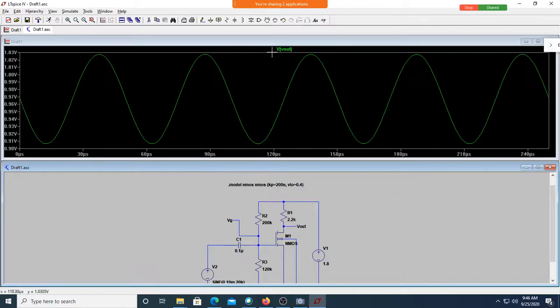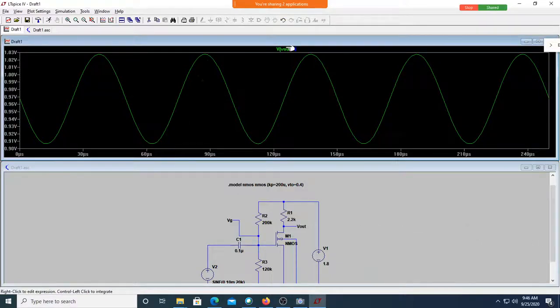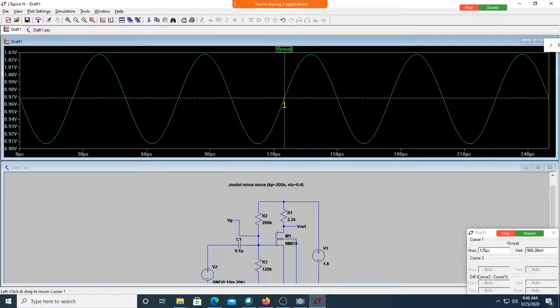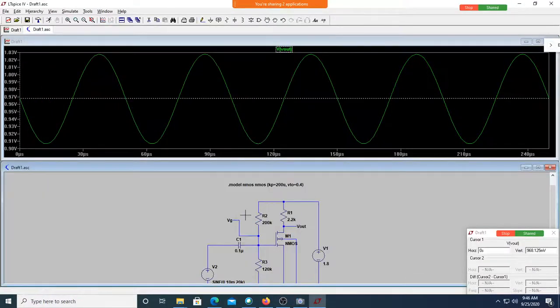Suppose I go to this beginning, can you see it is 0.968 volt? Is it 968 millivolt as per your calculation? It is correct. You can see over and above that it is swinging.